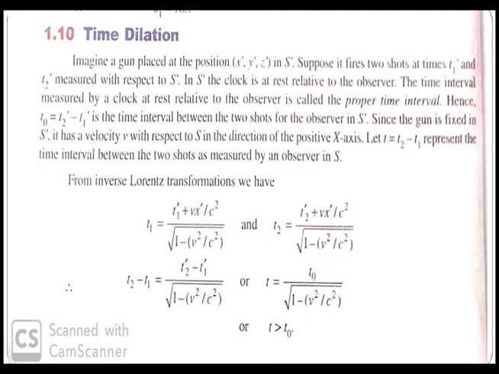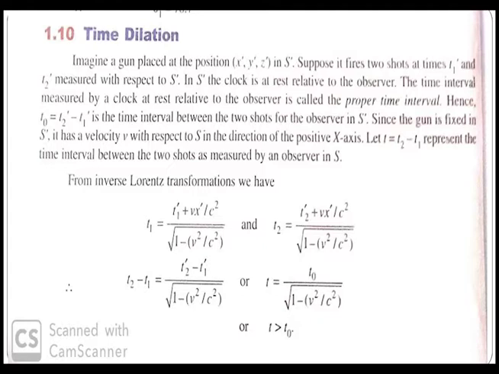In this class, we have got that when certain objects are moving with a velocity comparable to the velocity of light, the length is contracted for a man standing on the earth and observing the motion of a rod of length L0, which is called the proper length.